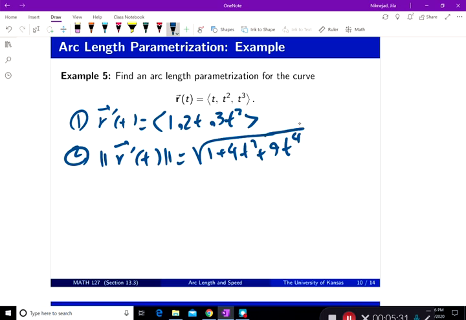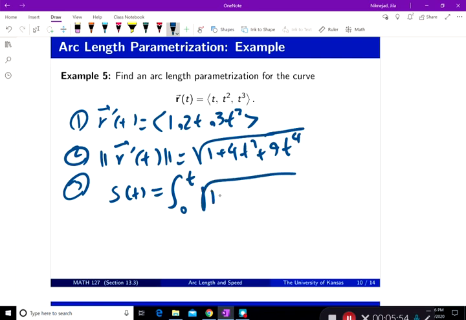And then you take the integral. Again, let's remember s of t is a function of t, so let's say we start from 0. The endpoints depend on where you want to start, and t, and then switch the integrand into the dummy variable again, and d tau.